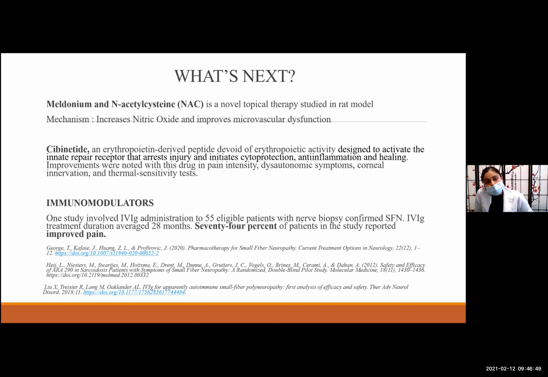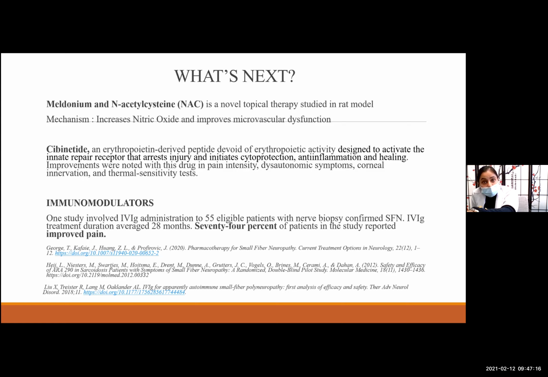This is showing us that there is a role for intravenous immunoglobulin in the management of small fiber neuropathy, specifically if you don't know the cause, or if there's an autoimmune component to the small fiber neuropathy as well. Other than this study, there's another study done in the Netherlands for 60 patients.